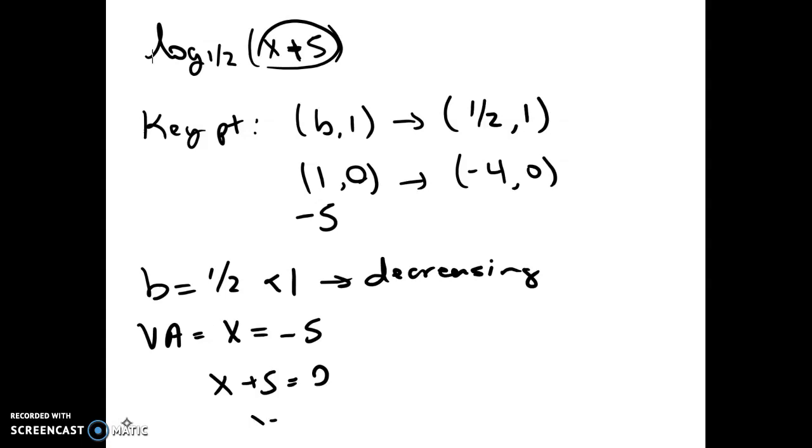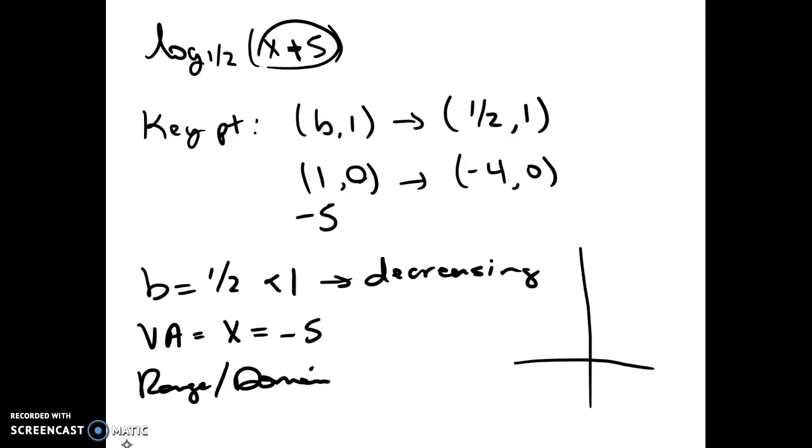Okay, the range and domain. If we look at the domain, we know that we have a vertical asymptote at x equals -5, and we also know that this function is decreasing. So it should look something like this, where this is x equals -5.